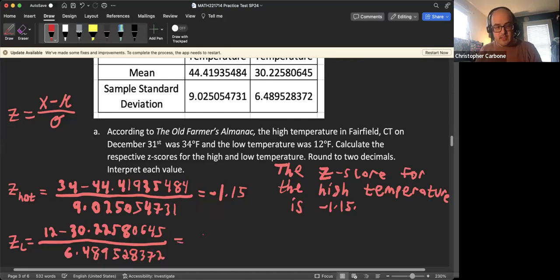And this makes negative 2.81 when rounding to 2 decimal places. And the interpretation of that, again, no units because it's a unitless measurement.